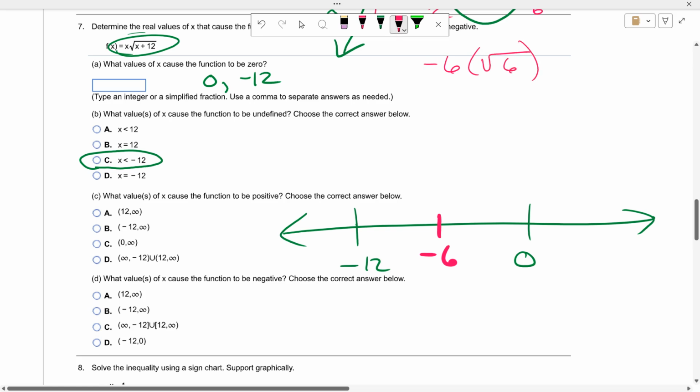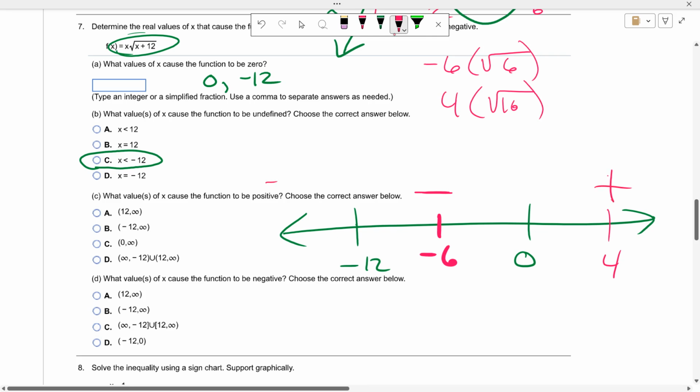Well, the square root of 6 is going to be positive. Negative 6 is negative. A positive times a negative is a negative. So it's going to be negative right there. So I'm guessing it'll be positive after 0, but let's check. Let's check a 4 in here. A 4 makes it positive there. Square root of 16, which is positive there. Positive times positive is a positive.